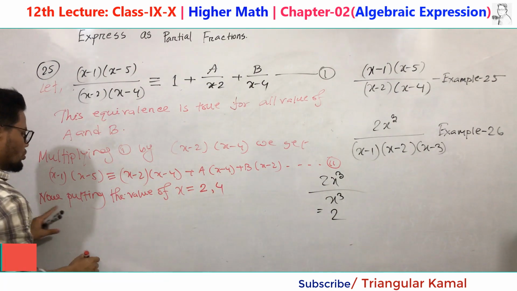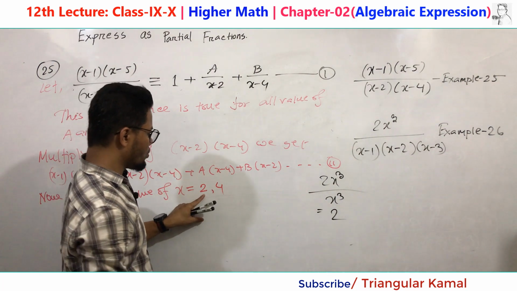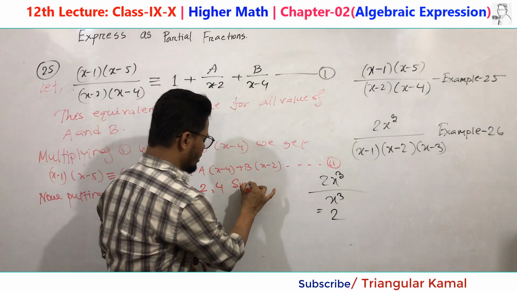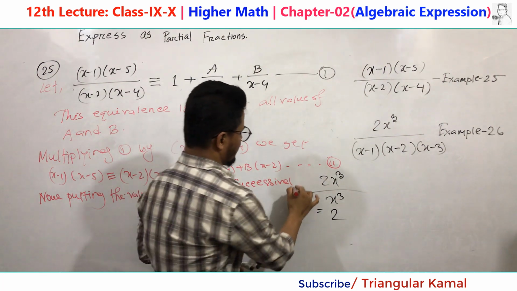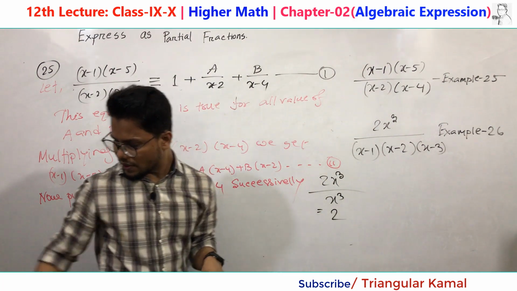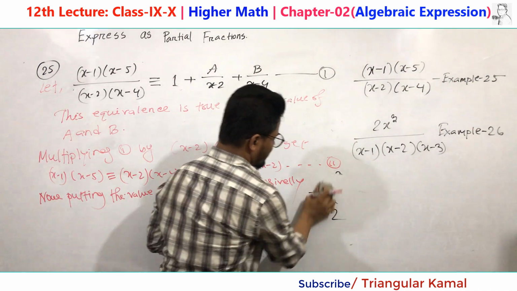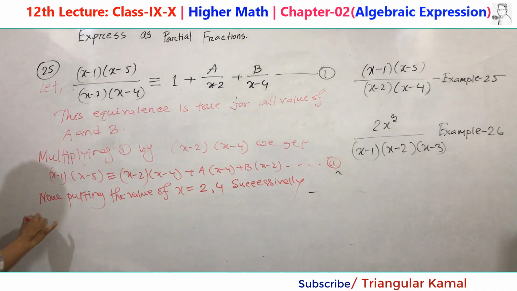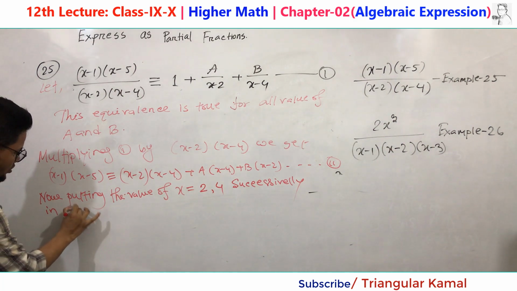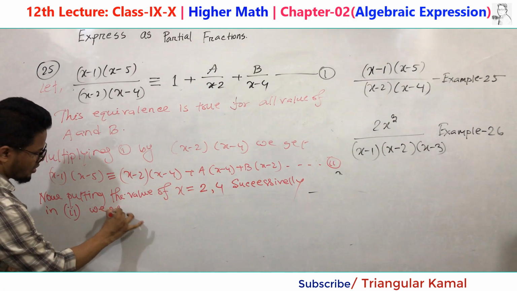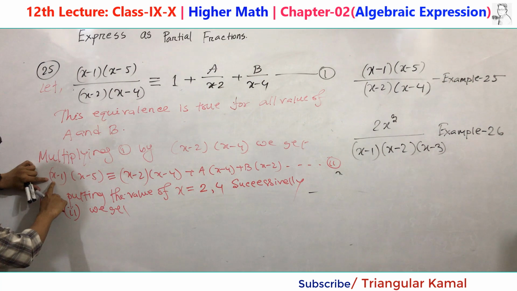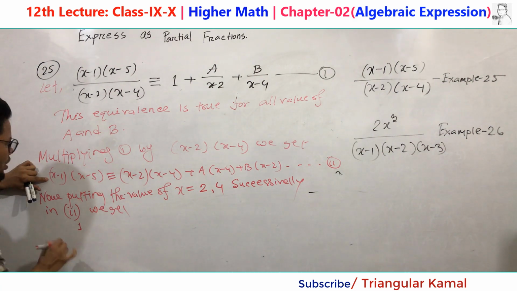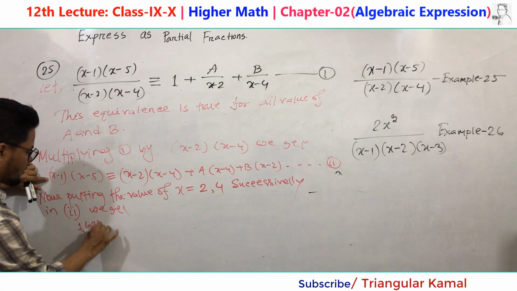So now putting the value of x equal to 2 and 4 successively into equation 2, we get, now do calculation. x equal to 2, first you have to apply, so this one will be 2 minus 1 will be 1 and minus 3.